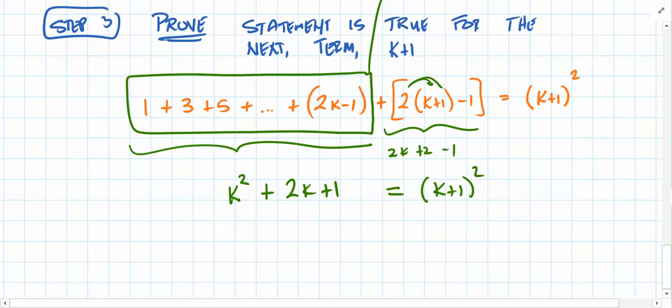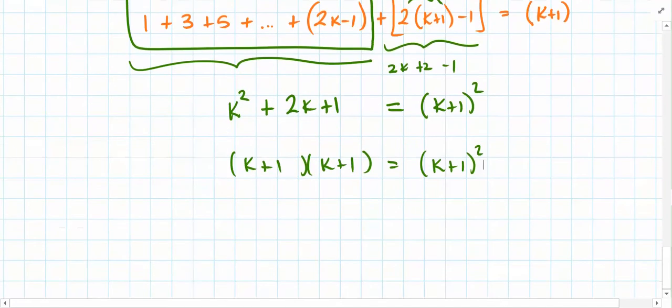Does it? Check it out. Factor this piece. This is k plus 1 times k plus 1. Oh, word up. Look at this. Word up. k plus 1 squared equals k plus 1 squared. That's the third step we've algebraically shown.